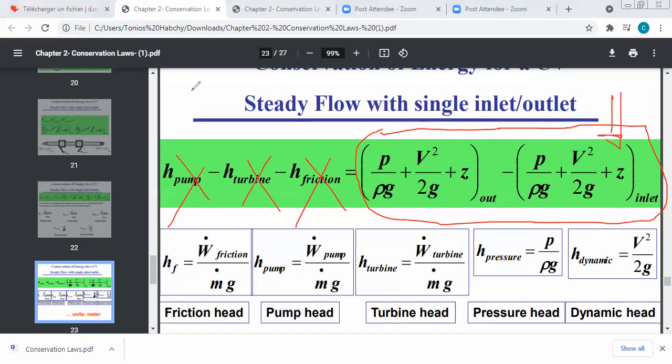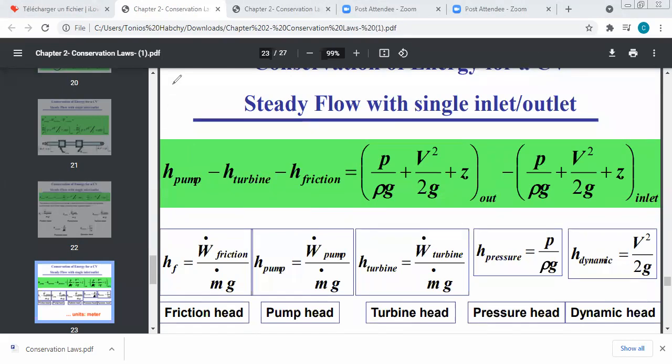Then we considered 1D inlet and outlet. Then we considered no pump, turbine, or losses, and we end up with Bernoulli's equation. All of these are certain applications of the general energy equation.